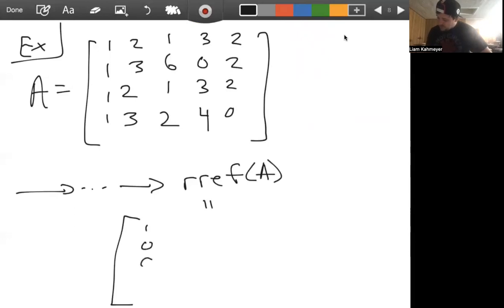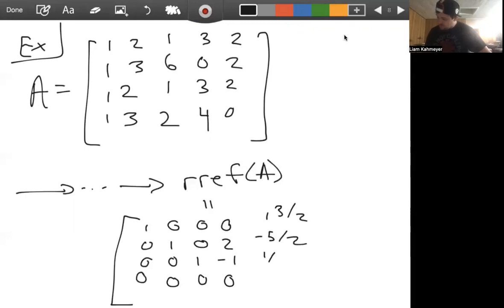What I got was 1 0 0 0 0 1 0 0 0 0 0 1. Just kidding. How about 0 0 1 0, and then 0 2 negative 1 0, and then 13 halves, negative 5 halves, 1 half, and 0.